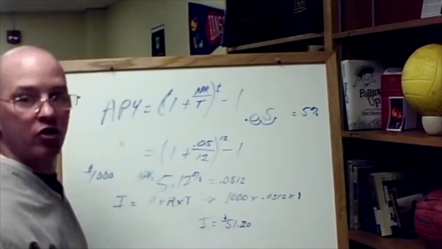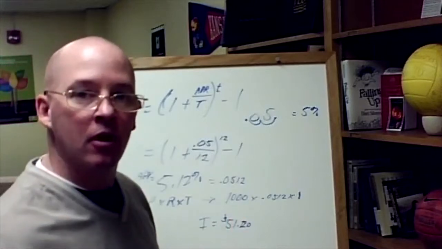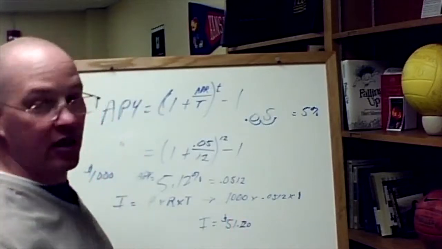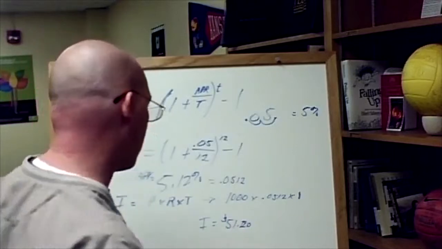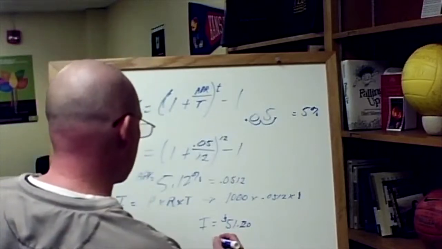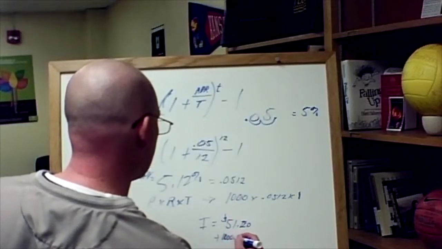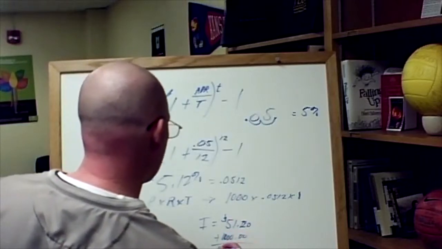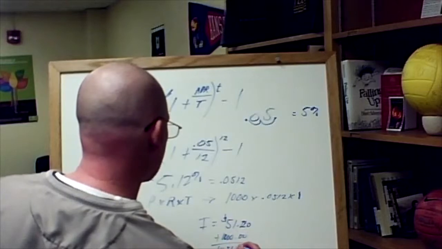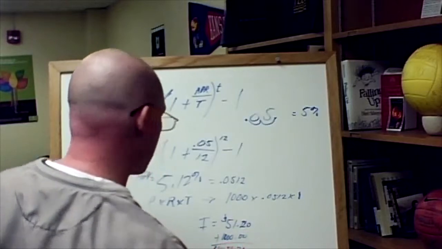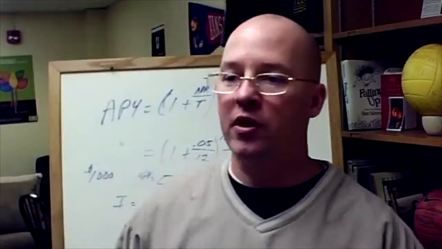That's how much interest you're going to earn in the account. And in order to find out how much is in the account at the end of the year, all you do is simply just add the $1,000 to it. You have $1,051.20.